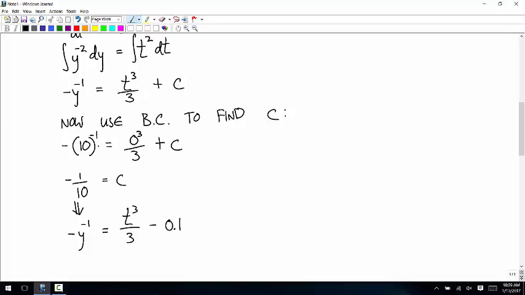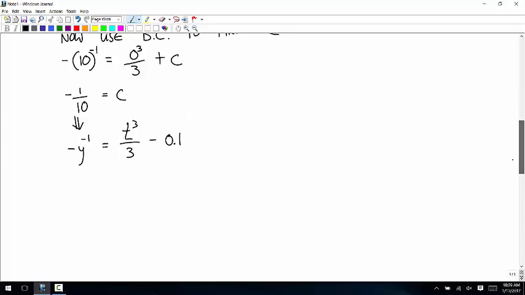Okay, so now we've defined the relationship we want, but really ideally we'd like to come up with a function y of t, so we just have to do a little algebra here. I'll write this as 1 over y is equal to negative t cubed over 3 plus 0.1.